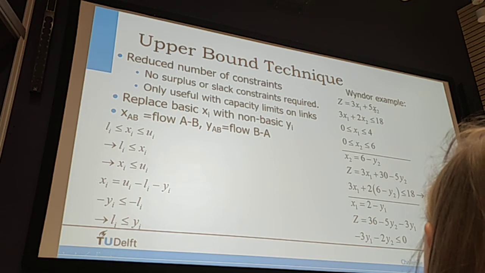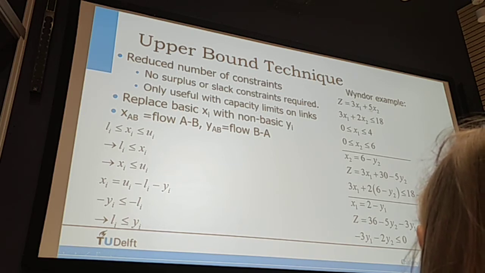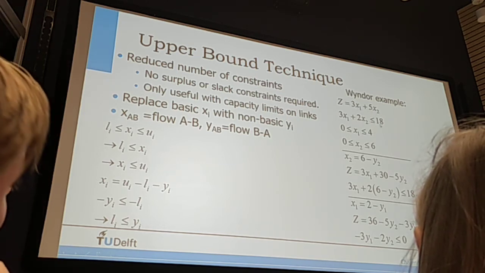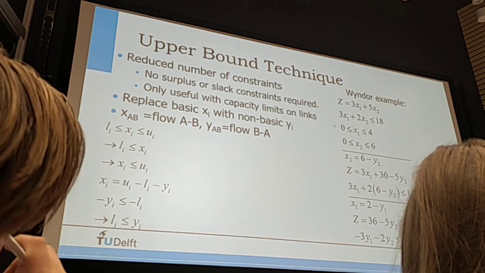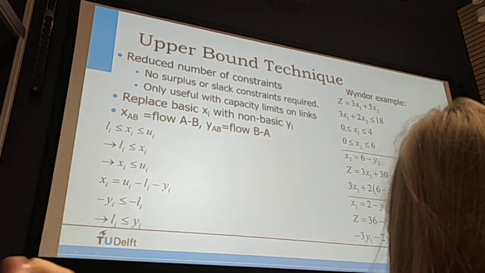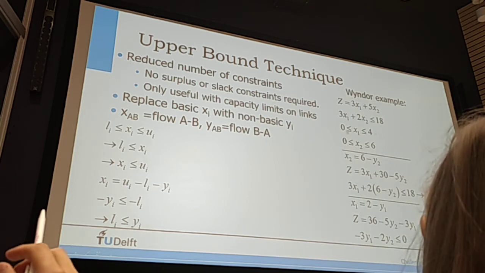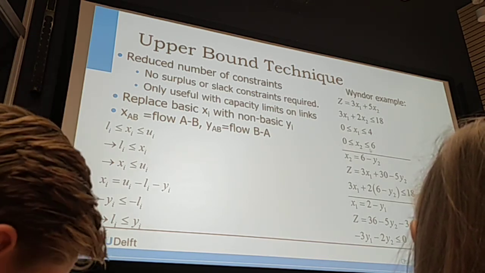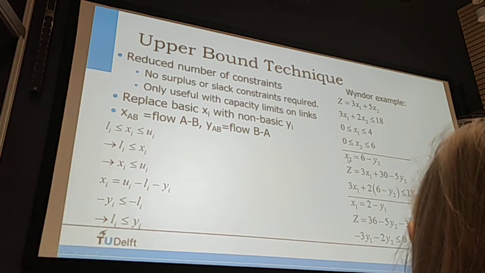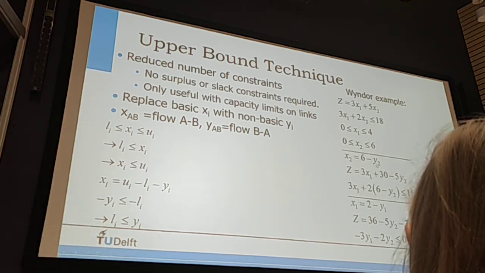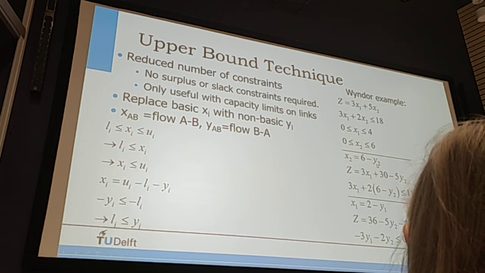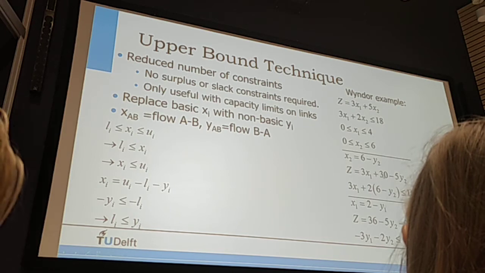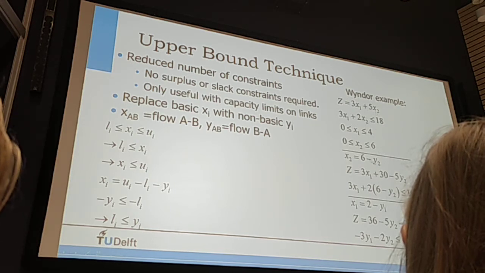If we look, for example, at the window problem, this is our objective, and this is our constraint. Now instead of having a constraint for x1 and a constraint for x2, we add a lower and upper bound for x1 and x2. For x2, we replace x2 by 6 minus y2. We also replace our objective values, so z is 3x1 plus 5 times x2, so that's 5 times 6 minus 5y2.